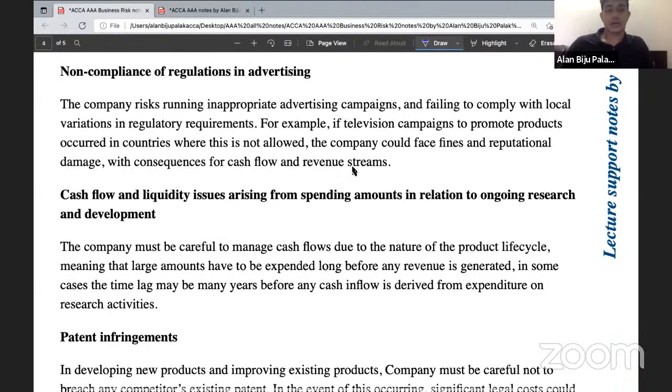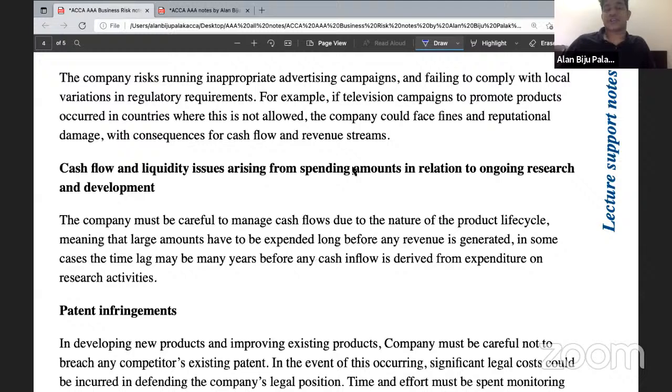Then next, cash flow and liquidity issues arising from spending amount in relation to ongoing research and development. If a company spends a huge amount of money for the ongoing research and development, the amount spent will only be realized by the company after a few years of time.